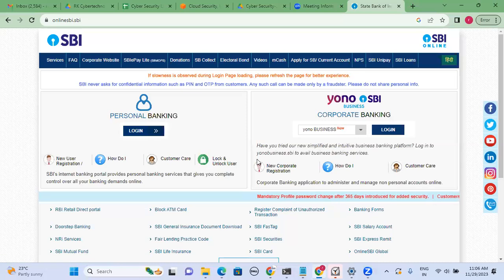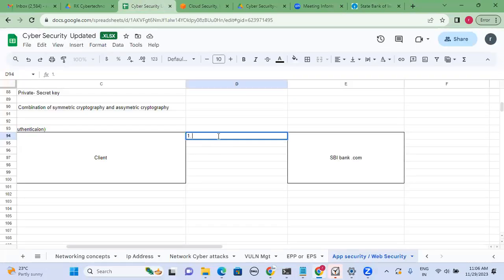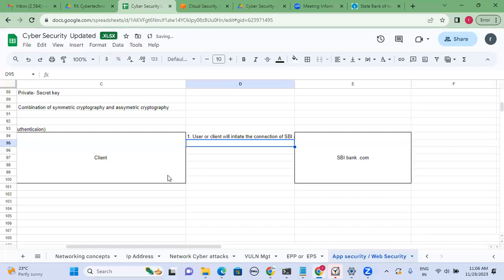Are you getting what I'm saying? First, I initiated the connection in the web browser. So the user or client will initiate the connection to the SBI website or application. Now what will the SBI Bank server do?